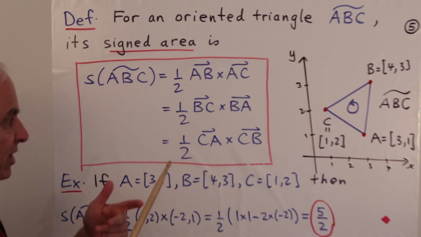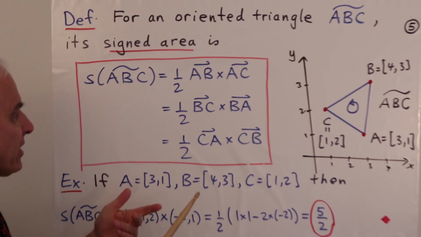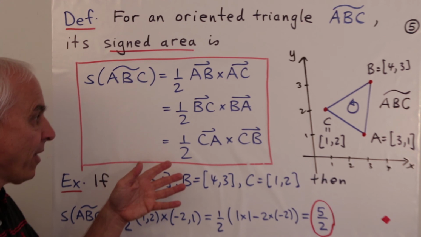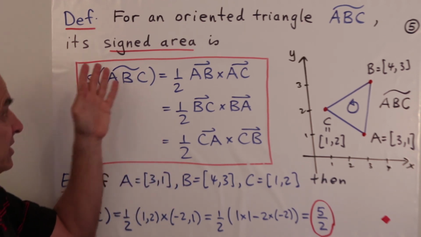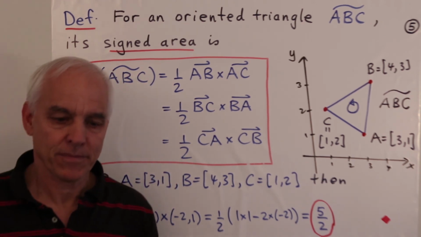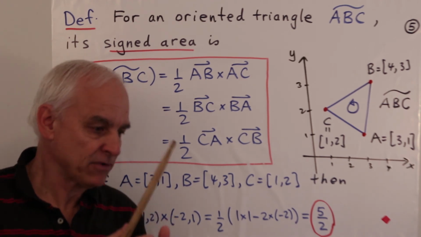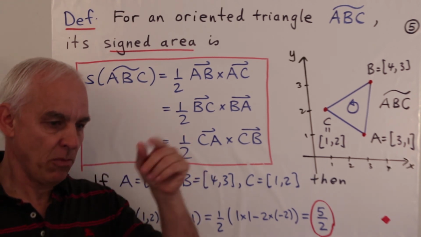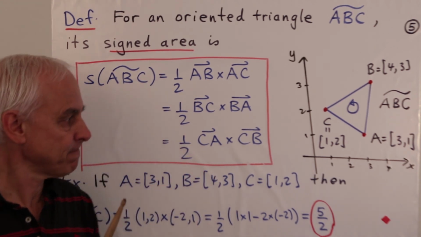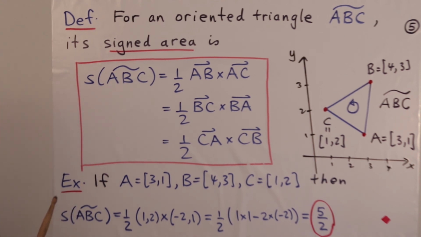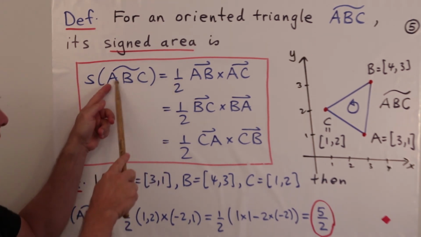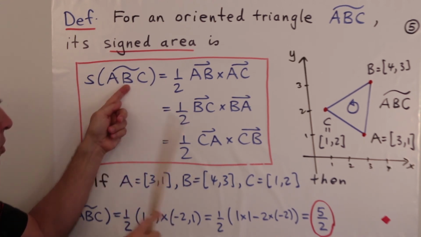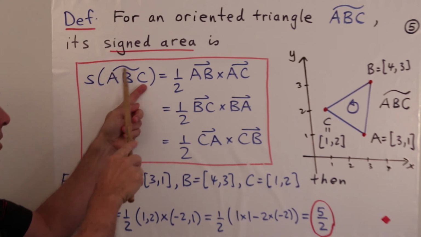We've just seen in the previous theorem that all of these quantities are the same, so their common value is going to be the signed area of the oriented triangle. We don't insist on choosing one particular vertex, because we really want to think of these three vertices as all being on an equal basis. So it's 1/2 of AB cross AC, or 1/2 of BC cross BA, or 1/2 of CA cross CB.